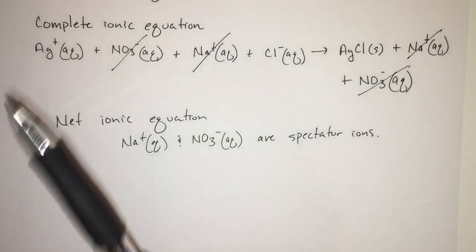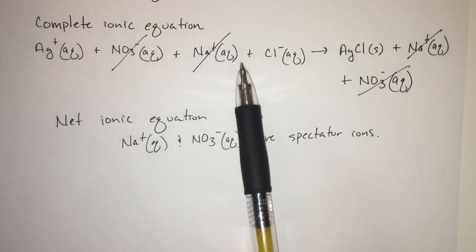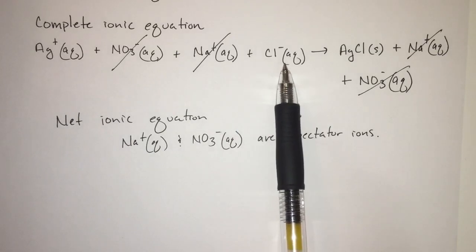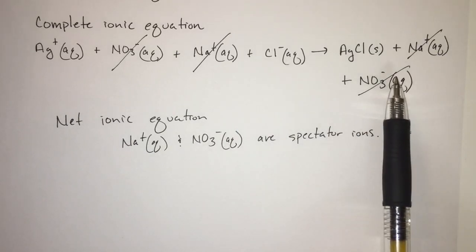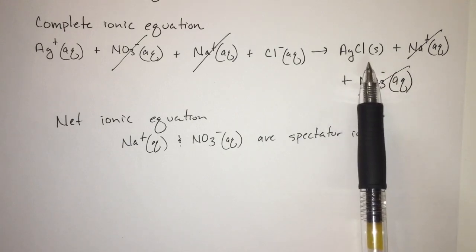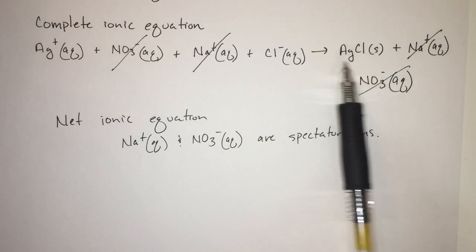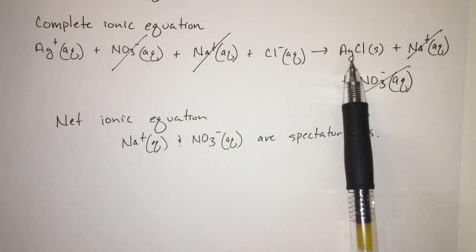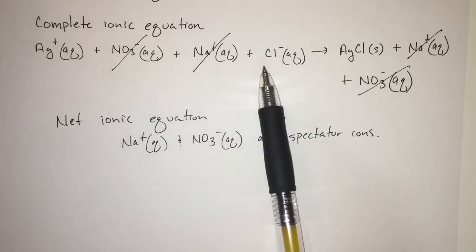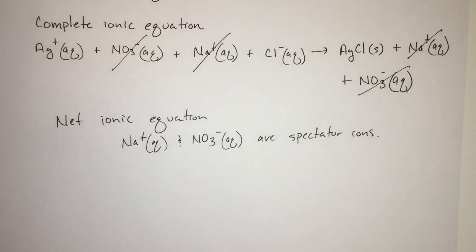But look at this. The silver aqueous and the chloride aqueous are not present on the product side. Yes, there's a silver chloride solid, but this is not silver aqueous and chloride aqueous. The silver chloride is together. So notice that the silver, the chloride, the silver chloride do not cancel each other out.